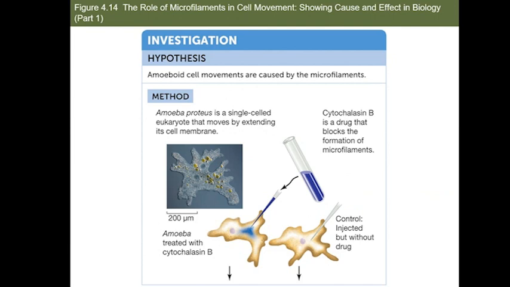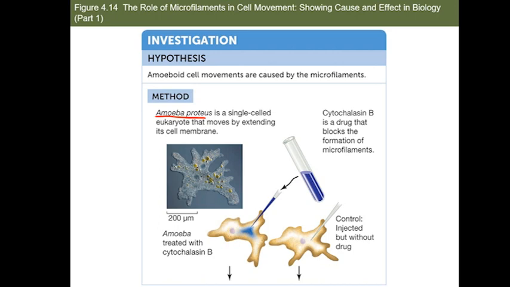So here they did an investigation to see how amoebas, or amoeboid type cells, move, and to see if it's caused by the microfilaments. So here we have Amoeba proteus. It's a single-celled eukaryote that moves by extending its cell membrane.